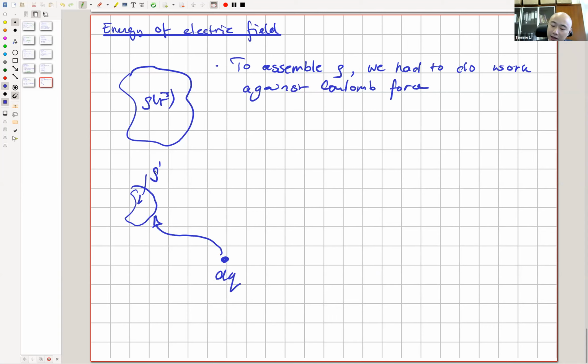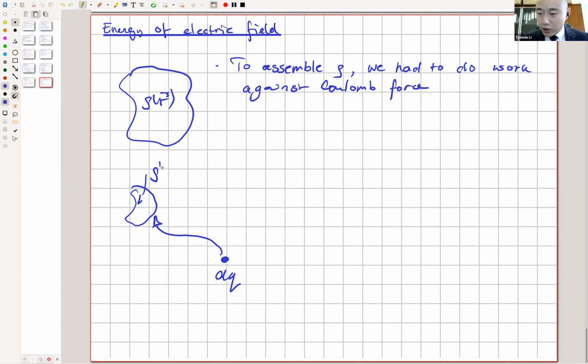If I put this charge at infinity, it doesn't feel any force or field, so it starts off with 0. As I bring it closer in, I'm doing work against the potential of rho prime. So I'm storing potential energy in a particular charge density.